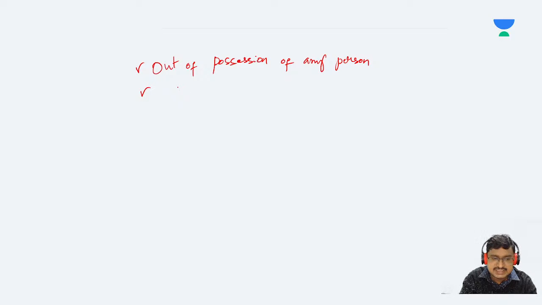The third ingredient is with dishonest intention. Now let us see these two ingredients here.